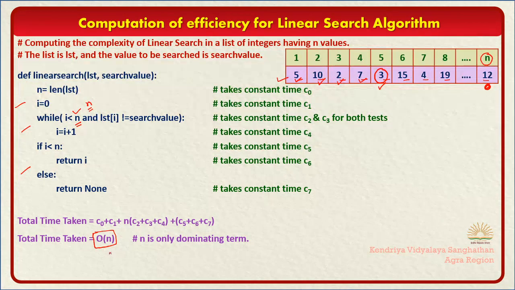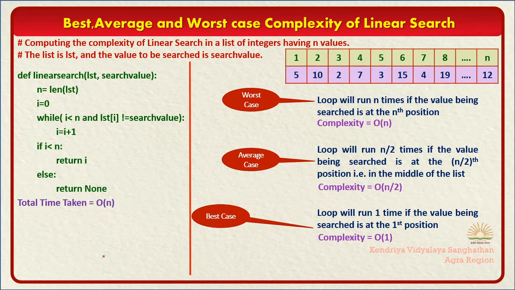Normally we express the complexity in worst case only, but if it is specified that we have to calculate the complexities in worst case, average case and best case, then how will we do this? Let's take this example here. The same example is here. We are searching in the same list in the same manner, but the best case will be when the item we are searching for is the first item.